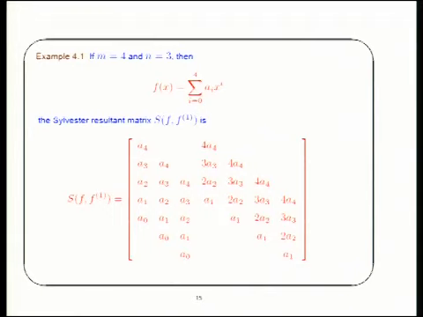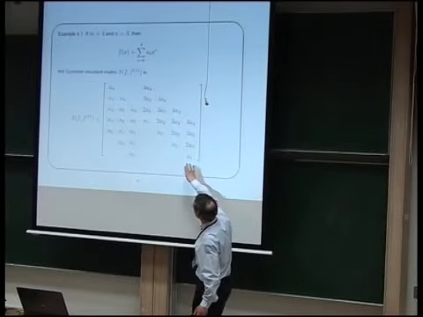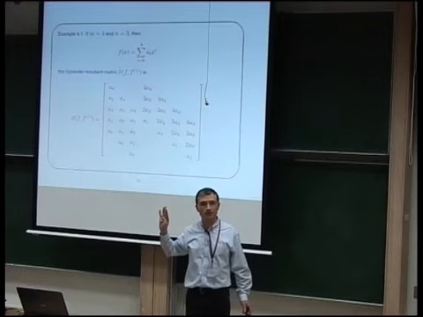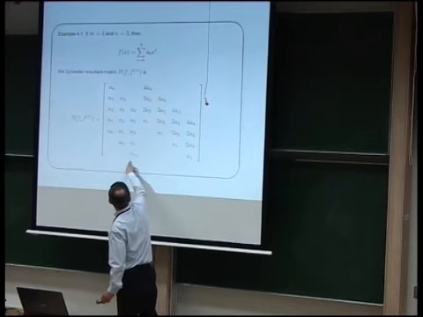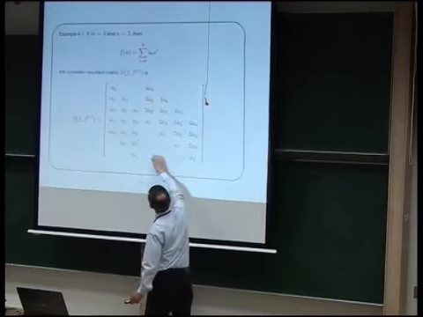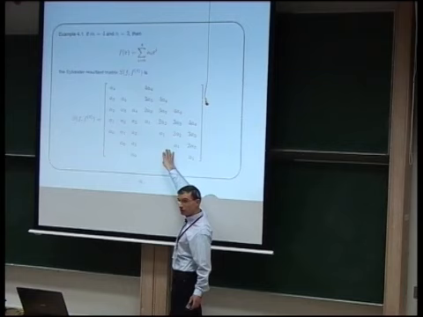Now, I've got an example of the Sylvester matrix for a polynomial f of degree 4 and its derivative. Firstly, I hope you can see it's highly structured. I've got 3 columns here and 4 columns here. These are the coefficients of f. These are the coefficients of the derivative.